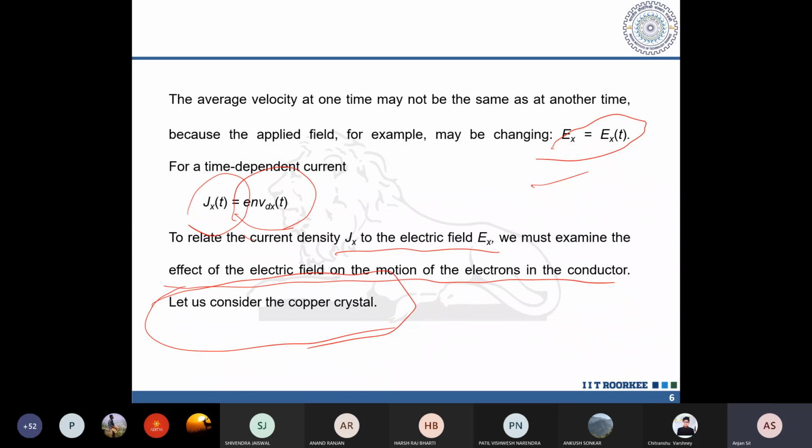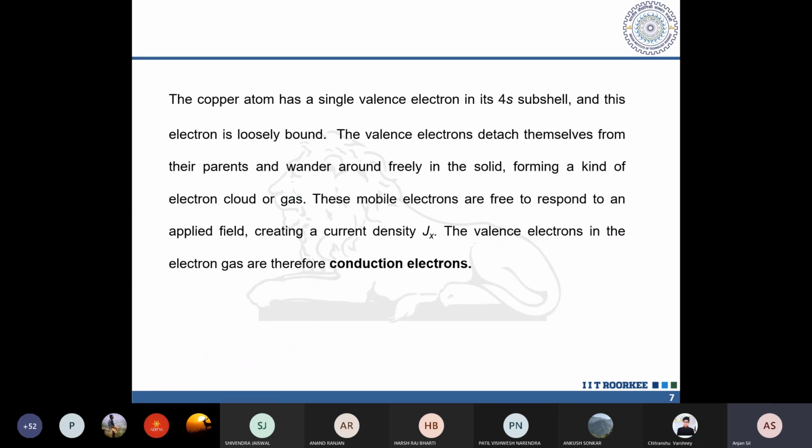When you talk of electrons, you need the atoms of a particular material, and here as an example we have taken copper. Copper is FCC, and FCC means 4 effective atoms per unit cell, and then there are the valence electrons. If you take those simple things and work it out, you find this. The 4s electron is a valence electron, contributed by each copper atom.